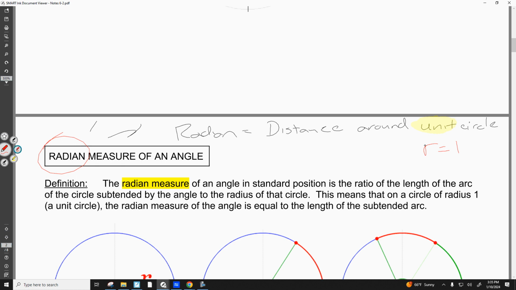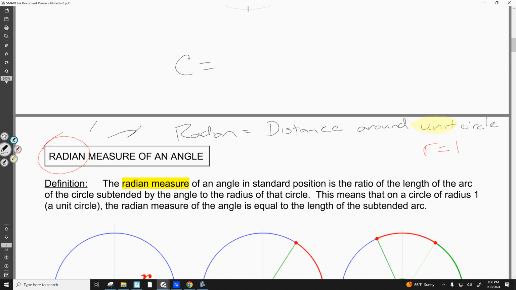Now, you guys remember from geometry the formula for the distance around a circle. What is the formula for the distance around a circle? There's a special math word for distance around a circle. I'm not going to tell you what it is. You guys are going to tell your neighbors what it is, and you're going to tell me what the formula is. Okay.